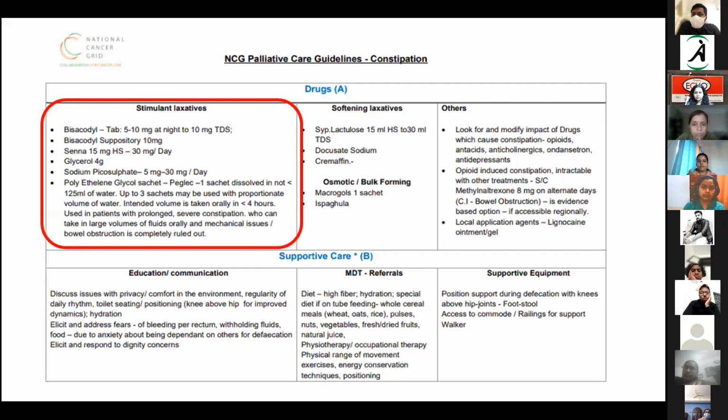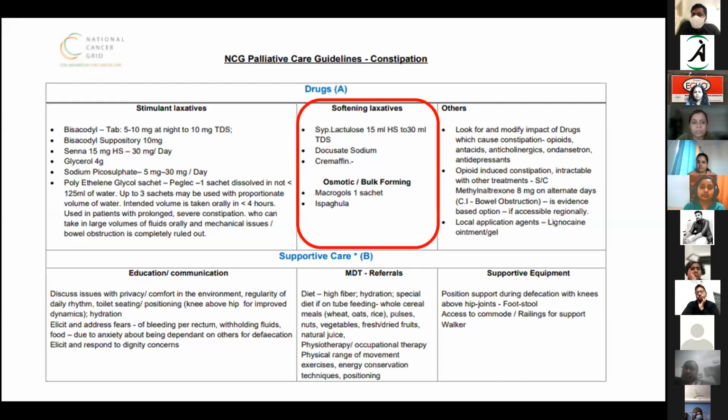The polyethylene glycol sachet is available in both adult and pediatric formulations. So you could consider using it in certain cases because the taste of Cremaffin Plus or Dufalac is very horrible and that could also trigger nausea in certain patients.